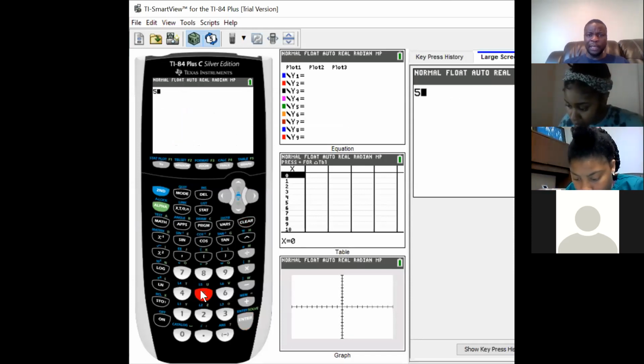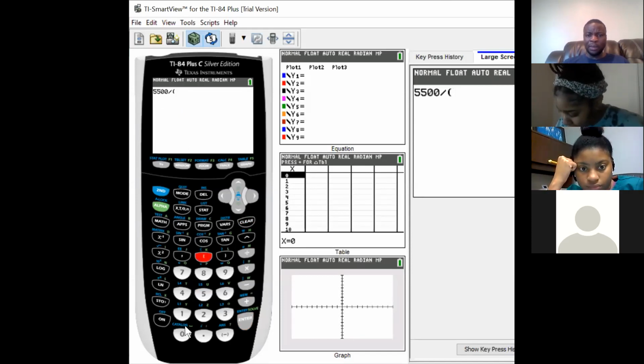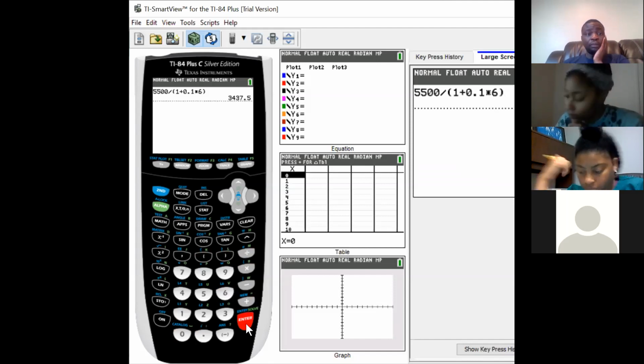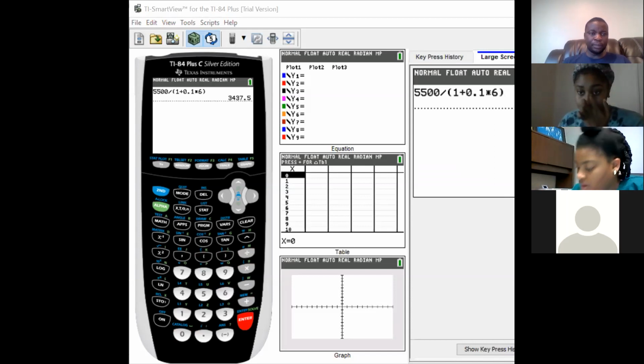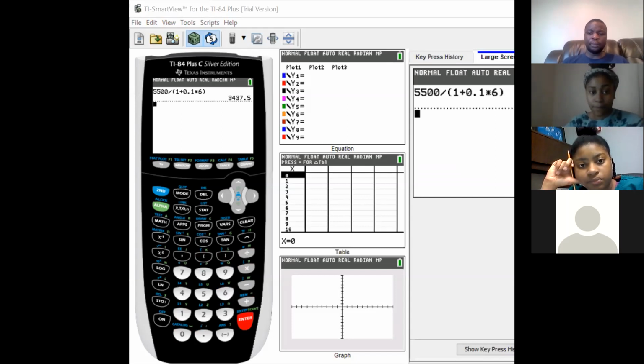So 5500 divided by, then you open parentheses, 1 plus 0.1 times 6, close parentheses, you enter. So this is the present value, 3437.50.